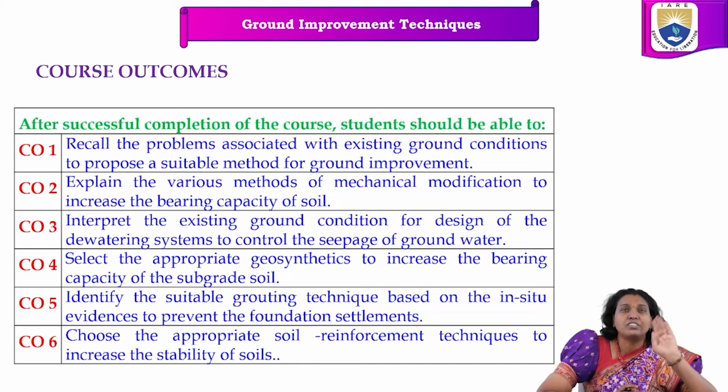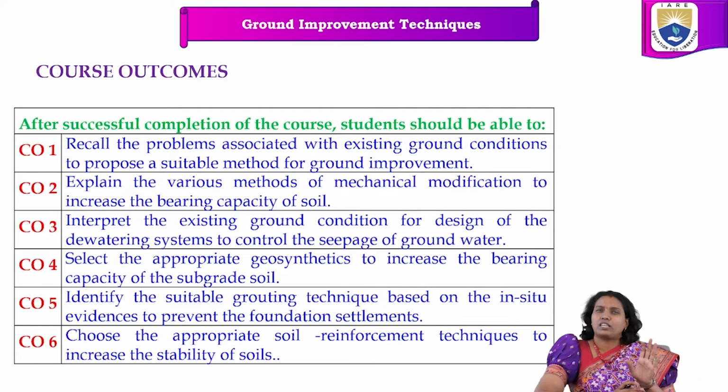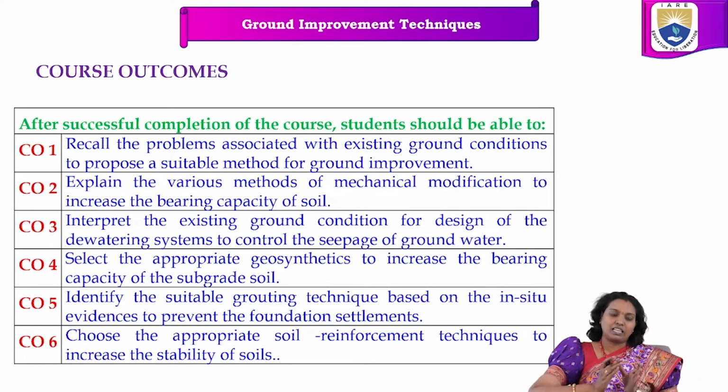After that, various methods of mechanical modification to increase the bearing capacity of soil. In bearing capacity of soil point of view, what are the mechanical methods? In some such type of soils, those do not have enough bearing capacity, we have the limitation for bearing capacity, whether the soil is suitable for physical infrastructure, it allows or not.